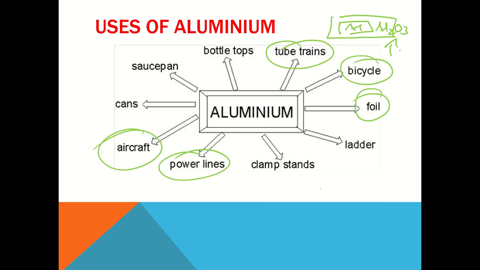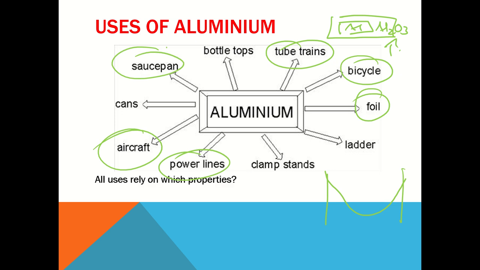So those are the big power lines that you see across the countryside, not the ones in your little electrical cables in your house. They have to be light, because if you had power lines between two pylons and they were a heavier metal, they would simply sag over time. So aluminium is a good conductor but light. So you can see most of the uses there involve lightness, lack of reactivity, ability to conduct electricity and to conduct heat as well, of course, for saucepans.